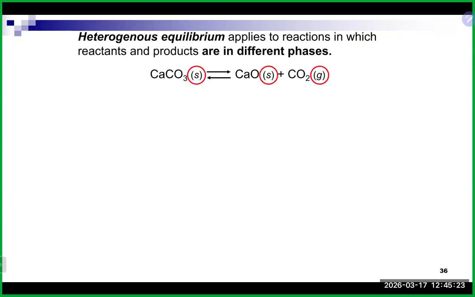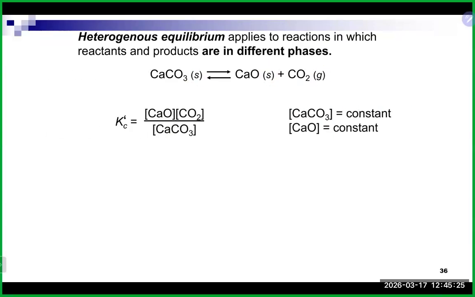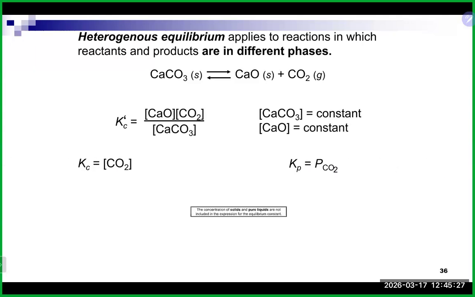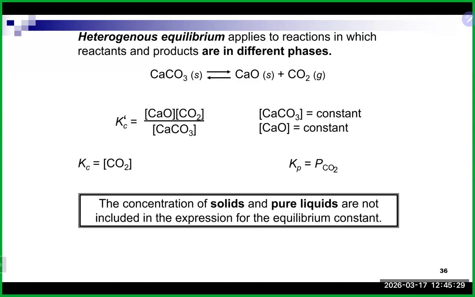So we sort of talked about this earlier, but as I mentioned before, in a heterogeneous equilibrium, basically what that means is everybody's in different phases. So you can see here we have some solids and we have some gases. In this particular case, if we wrote the equilibrium expression like normal, we would take our products over reactants. But much like our pure liquids, our solids are not going to be doing very much and are not going to participate and are going to remain relatively constant.